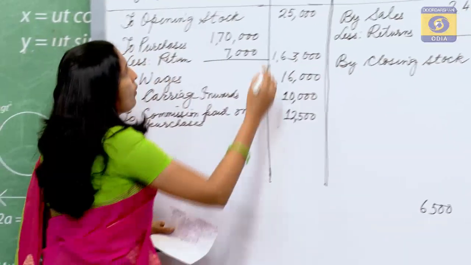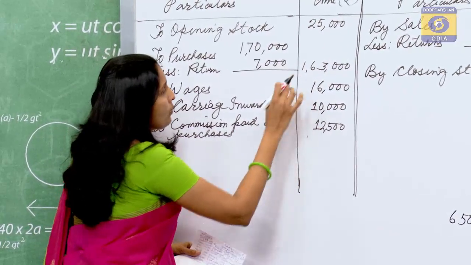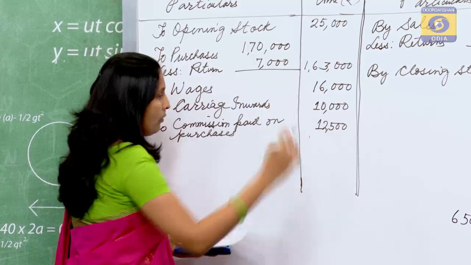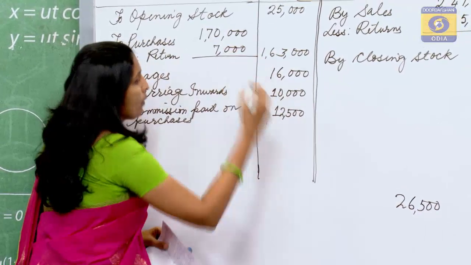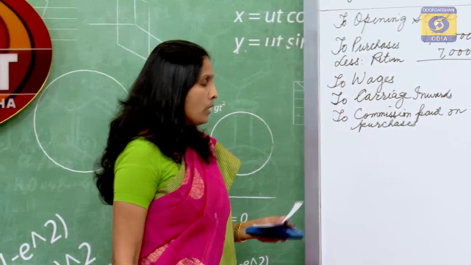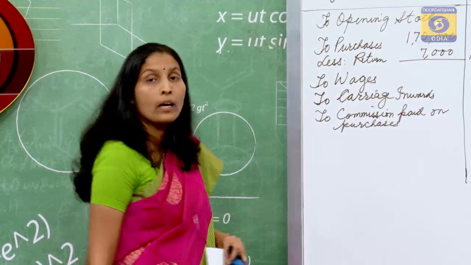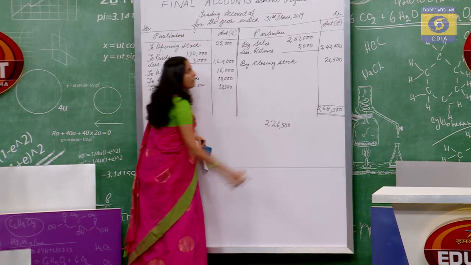So, 6 carry 1, we have 2 plus 1, 3 plus 6, 9 plus 1, 10, 11 and 12. So, we have 2 carry 1, 1 plus 1 is 2. So, the total of the debit side, students, is 2,26,500, and this is obviously less than the total of the credit side.